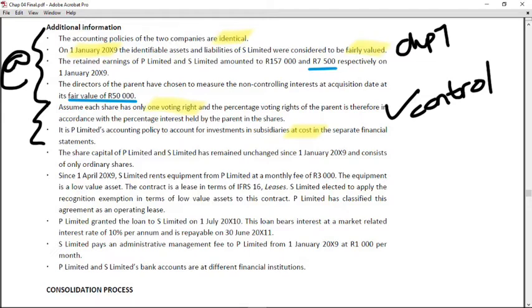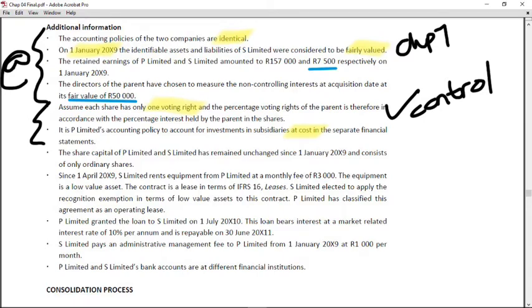Now, under the investment in subsidiary, IAS 27, which deals with the separate financial statements of the parent, there is the option for the parent to measure an investment in a subsidiary at cost. And that option, as an accounting policy, is only available where you have an investment in a subsidiary. You do not have to measure an investment in the shares of a subsidiary at fair value. So that's what this bullet is all about.